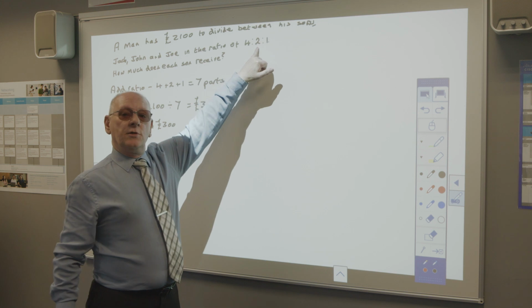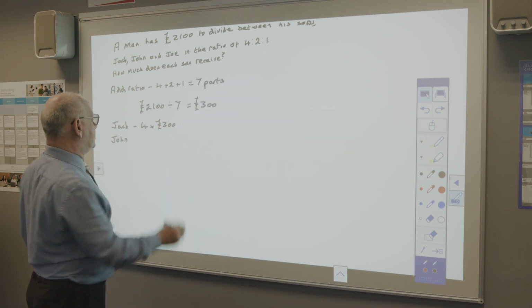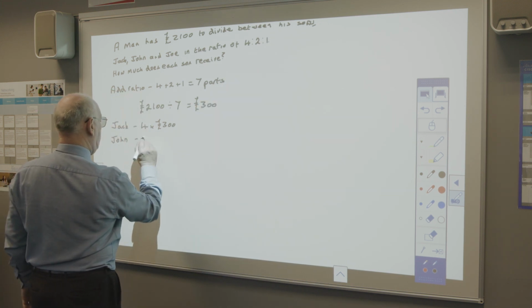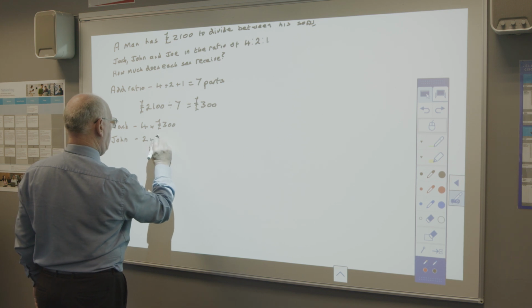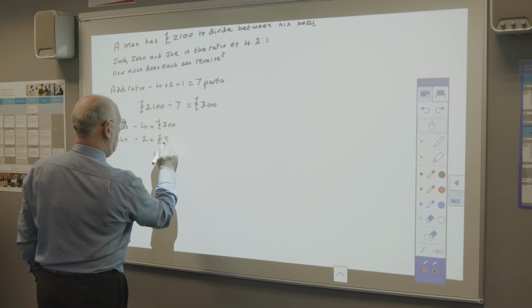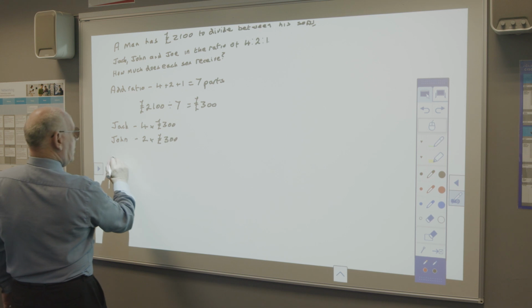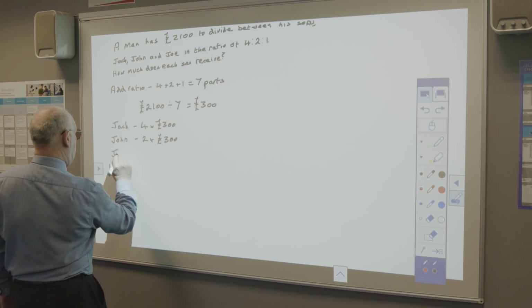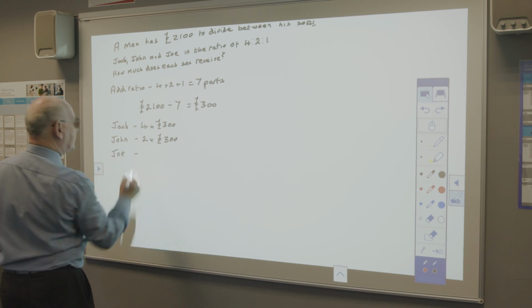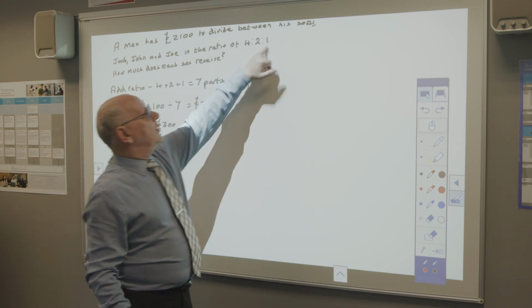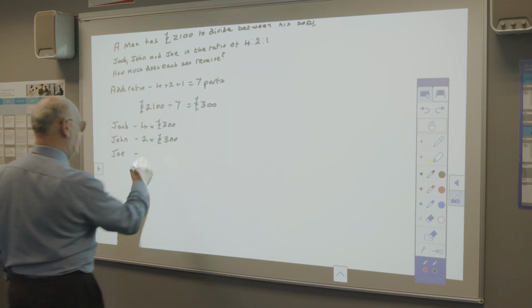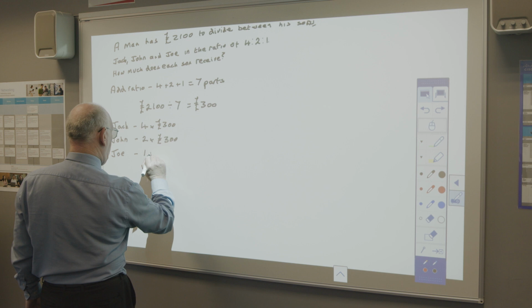So he comes second on the ratio parts. So he gets 2. Joe comes last in the list. 1 comes last in the list on the ratio, so he gets 1 part.